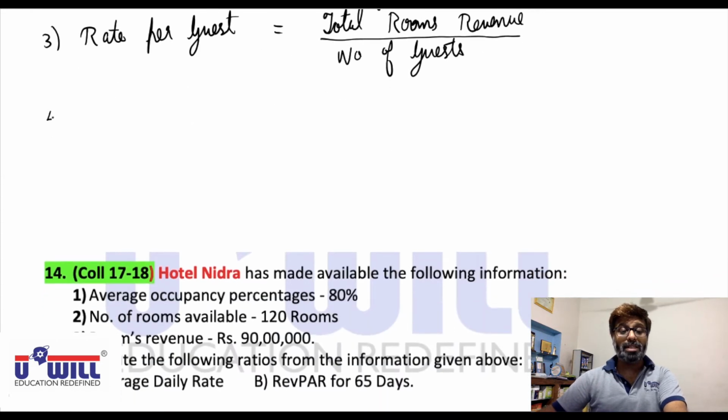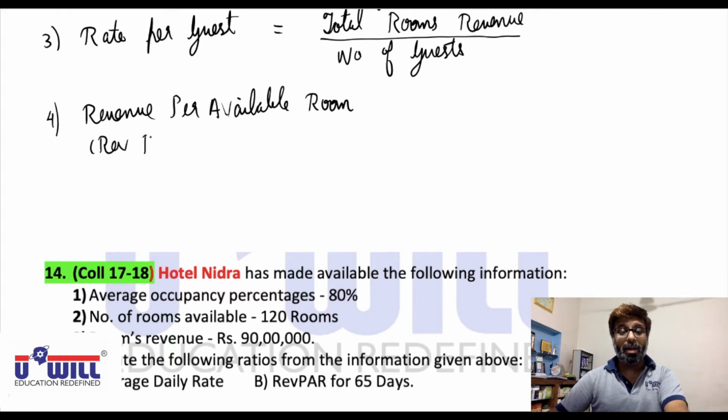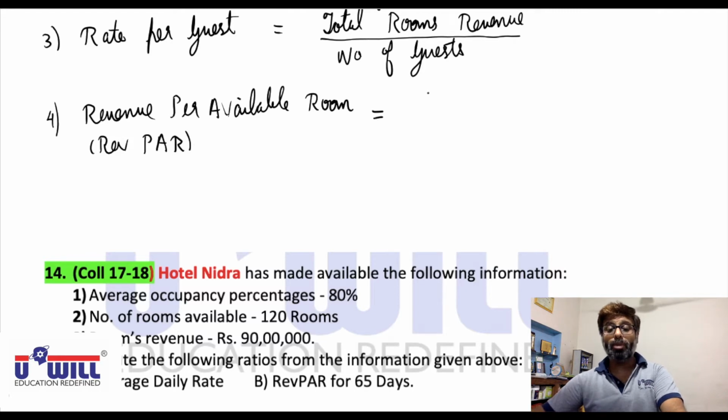There are two formulas to find revenue per available room. Okay, revenue per available room, which is written in short as revenue PAR, per available room. Two formulas are one, total rooms revenue divided by number of rooms available.